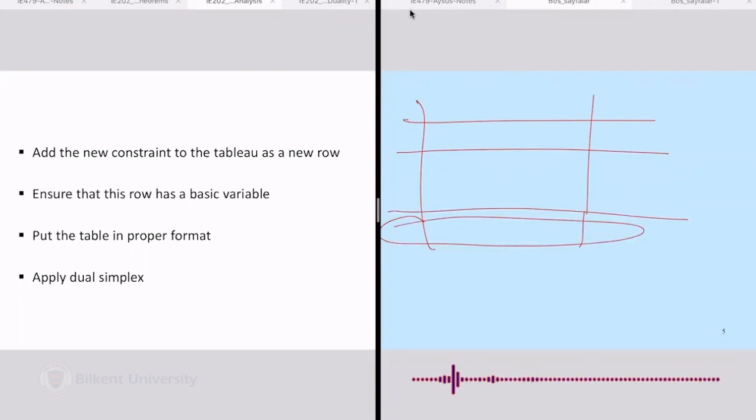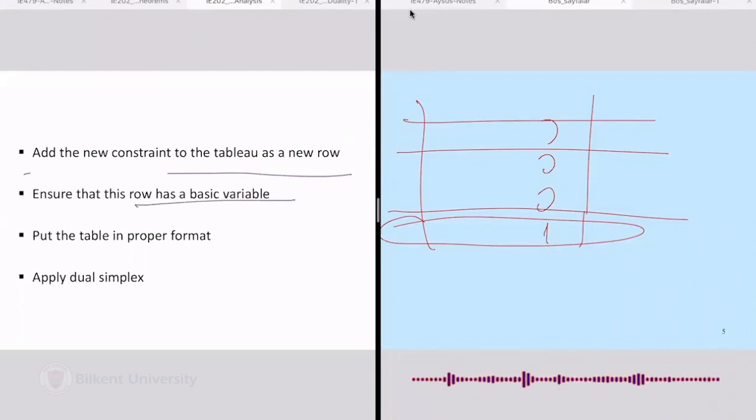The dimension of B, I need a 1 and zeros elsewhere for this one too, right? So usually that comes with an artificial variable. We have to be careful in updating the table and continuing if we lose primal feasibility, all right? We need to add the constraint as a new row. This is the procedure to follow, by the way.